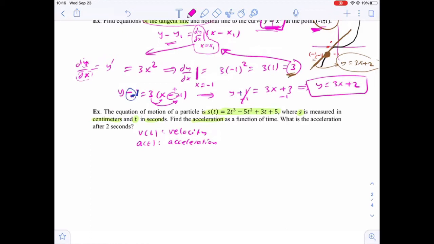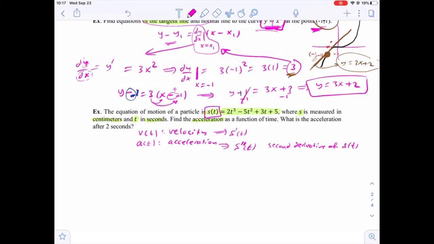Now what is the velocity? Velocity is the derivative of the position function, this function s of t. The acceleration is the second derivative of the position function. What do we mean by second derivative? As you can see, I put a double prime here. That means the second derivative of s of t.